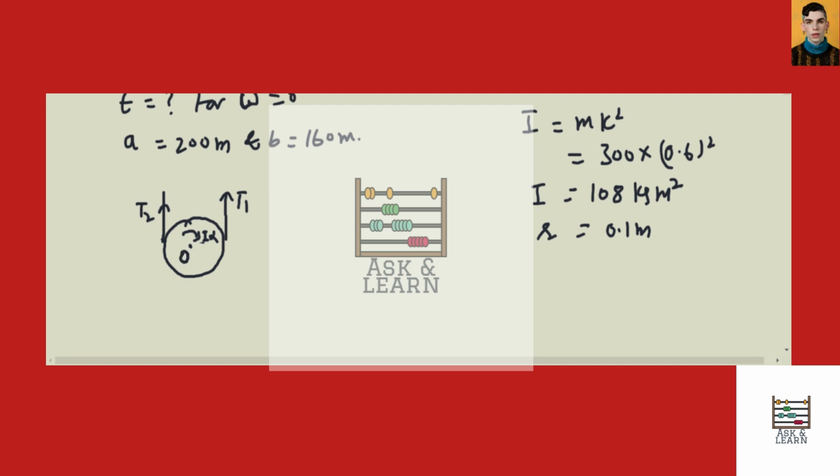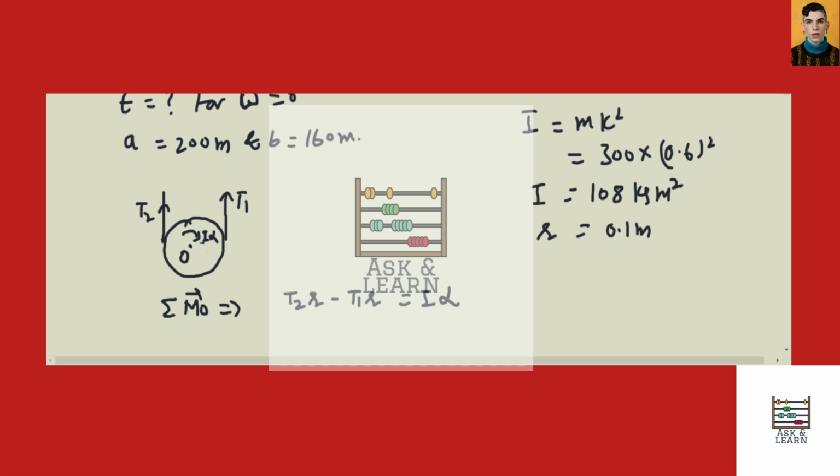So for summation of moment about O, we can write T2 into R minus T1 into R is equal to I into alpha.